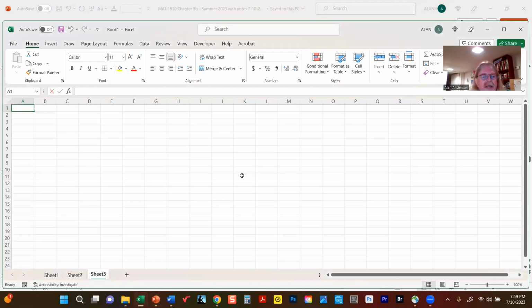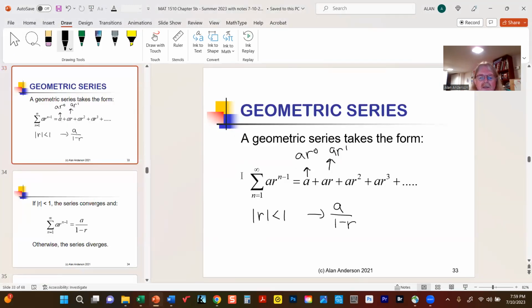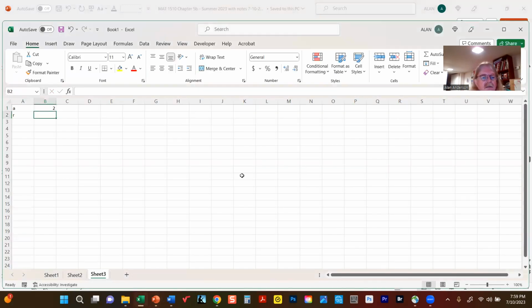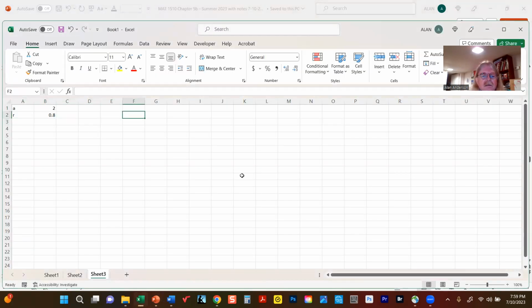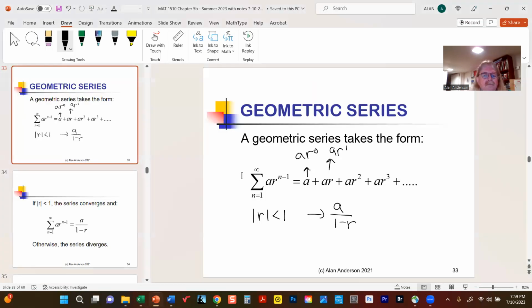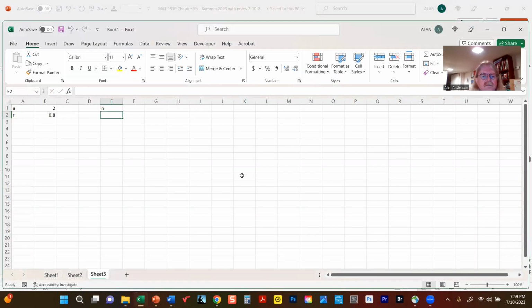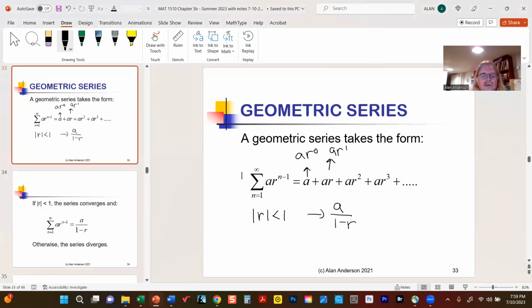So suppose, for example, a is 2. r is 0.8. It has to be less than 1 in absolute terms. So what that means then is that, let's say we have n is 1, 2, 3, etc. a r to the n. Well, actually, if I'm going to do it this way, it starts at n minus 1.